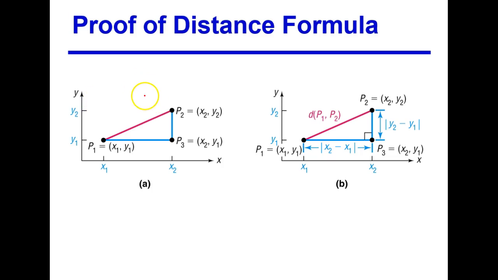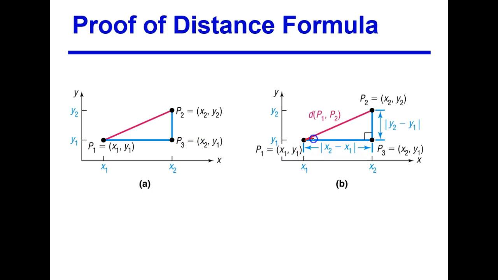Now let's look at a little proof of this. It's not super important that you understand every step of this, just follow along. Here I've plotted my 2 points, P1 and P2. From what we did earlier when we made that right triangle, I also have a P3 that has the x value of point 2 but the y value of point 1. Now I have all of the points I need.